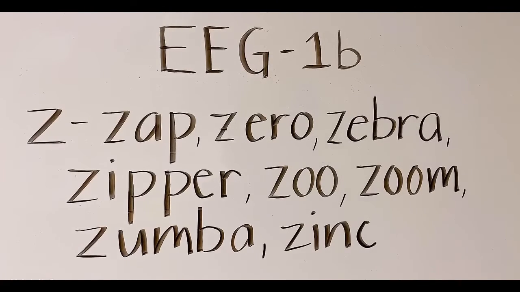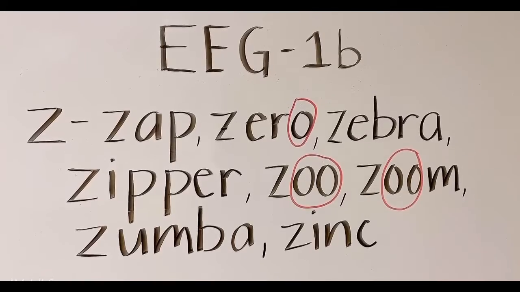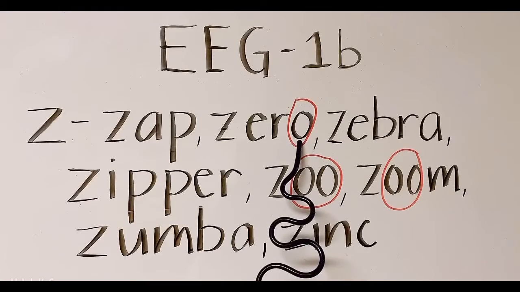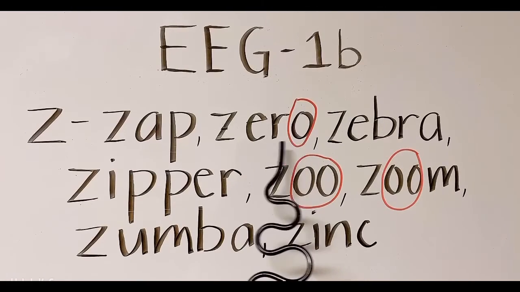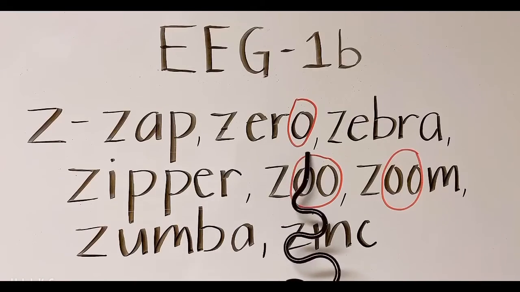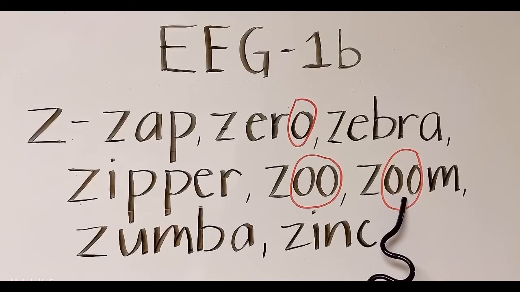Okay, that's all. Good. Let's just review some words. Look at the words zero, zoo, and zoom. Let's look at the letter O here. The sound is O, zero. Whereas the letter O here is doubled, same as with this one.